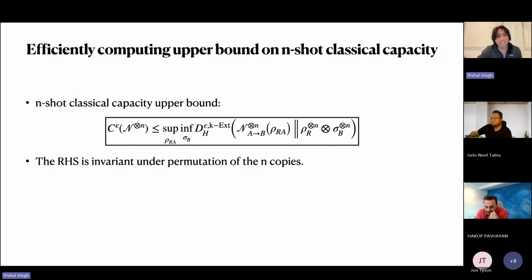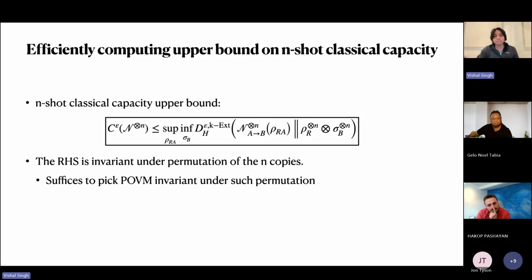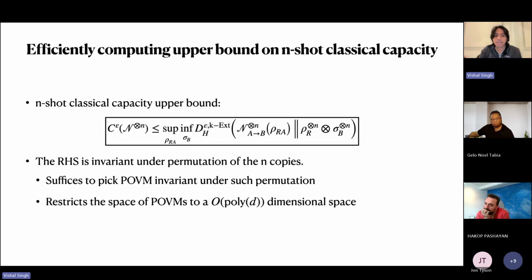But we can see that the right hand side is invariant under permutation of the n copies. It doesn't matter what the order of the channels is because they're all the same, right? So what it implies is that the POVM that actually minimizes the hypothesis testing relative entropy, we can restrict it to be invariant under such permutations as well.